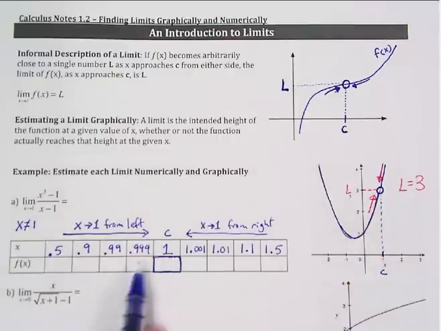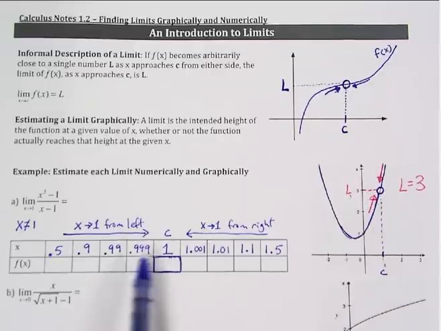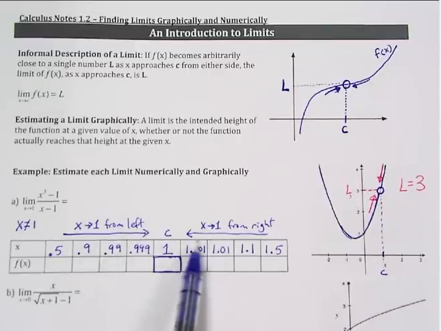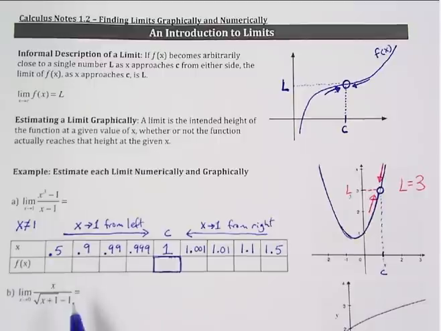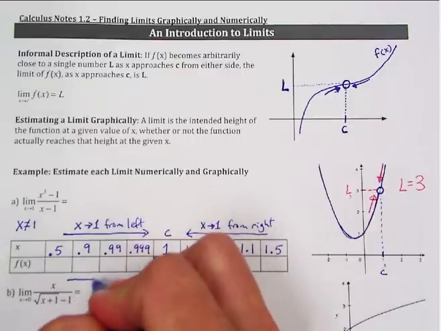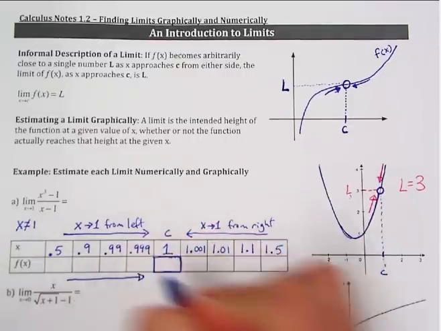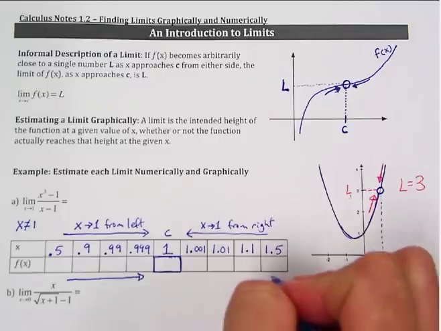So again, we're a thousandth below 1. So here you can see numerically our x values are approaching 1. What we want to do now is figure out what our y values are doing. So what is f of x approaching as we get closer here?